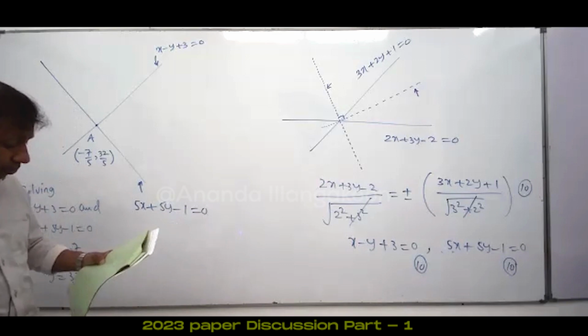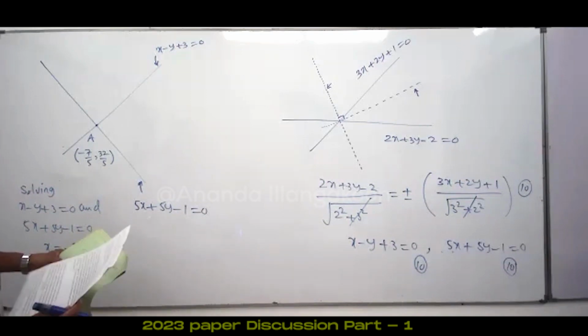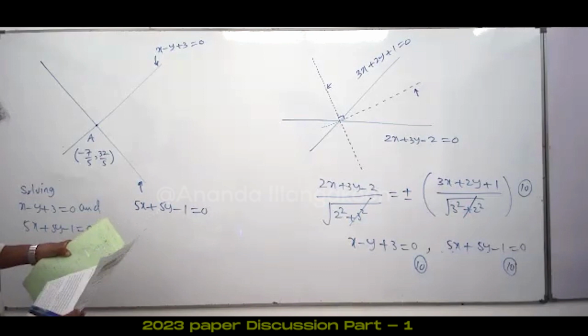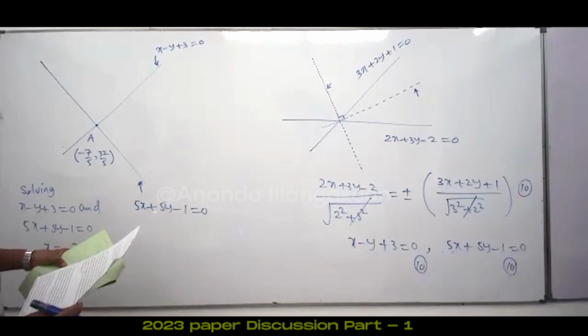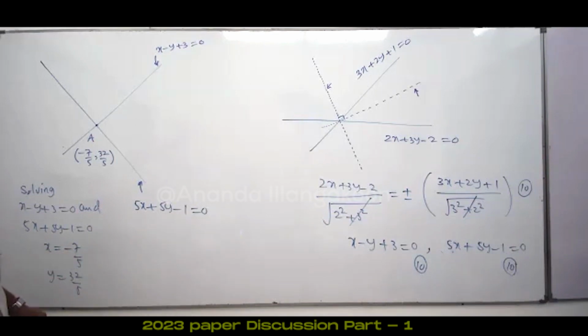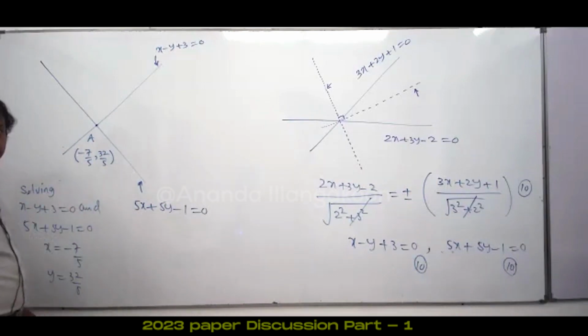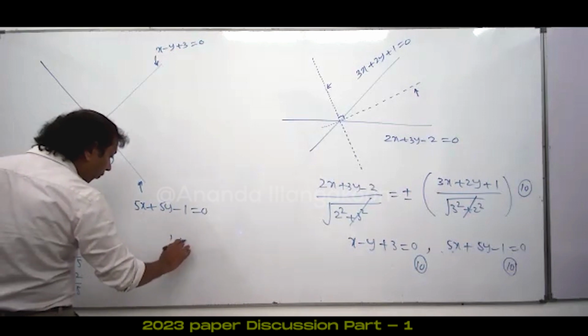Our next one given, yes, one vertex is at 1, 4. That vertex should be on this line or this line. The vertex is 1, 4.